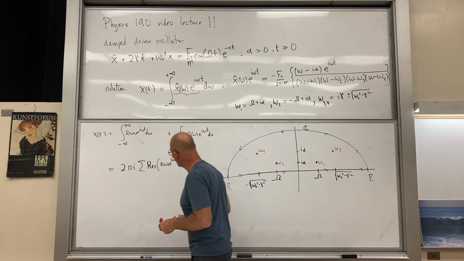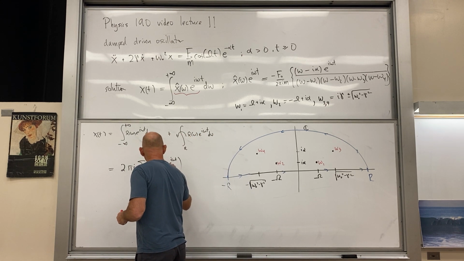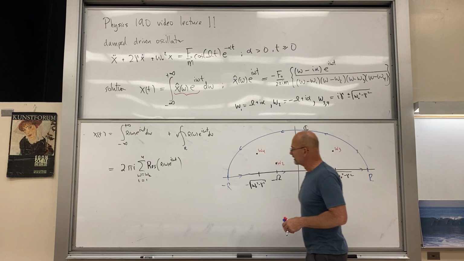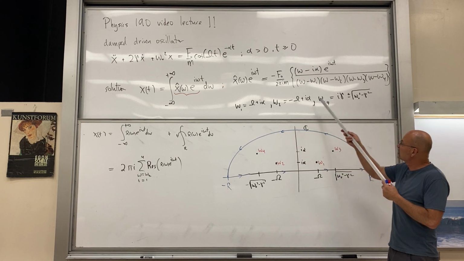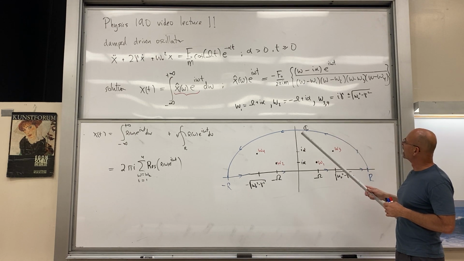Some of those 4 residues, in fact, omega equals omega sub k, k equals 1 to 4. Okay. So we just have to get all 4 of those. And they're simple poles, so each time we evaluate one, and this is what I want to make sure everybody gets.